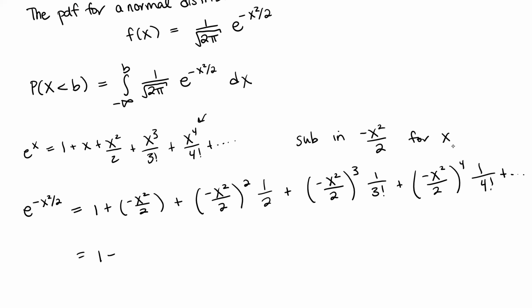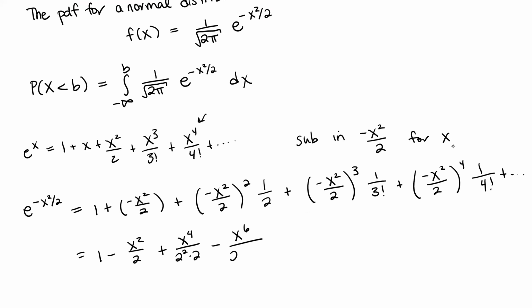So we have 1 minus x squared over 2 plus. Now here we see that we have a negative squared, so that becomes a positive, and x squared squared is x to the 4th. So we've got x to the 4th over 2 squared times 2. Then our next term here, we have a negative cubed, so that's going to stay negative. So let's just make this a minus sign. And then we have x squared and then cubed. So we've got x to the 6th.